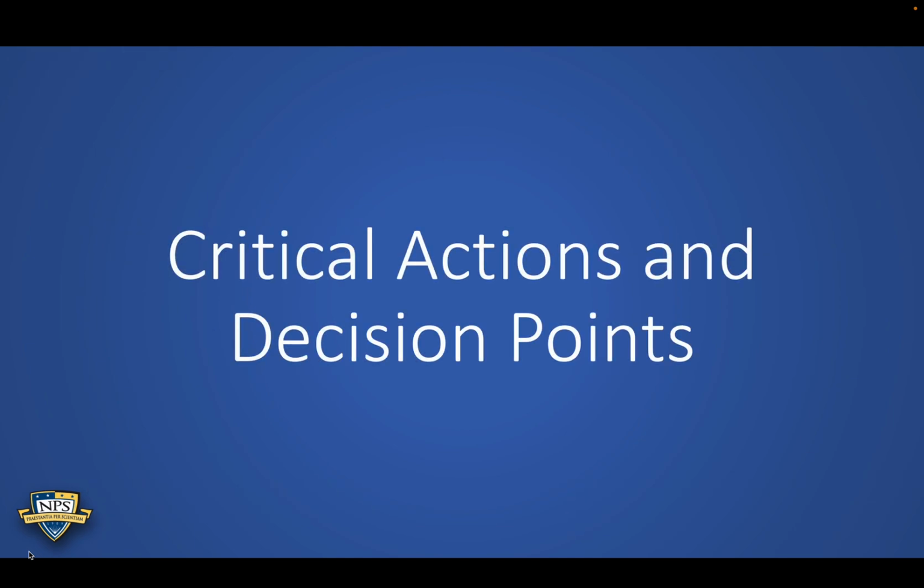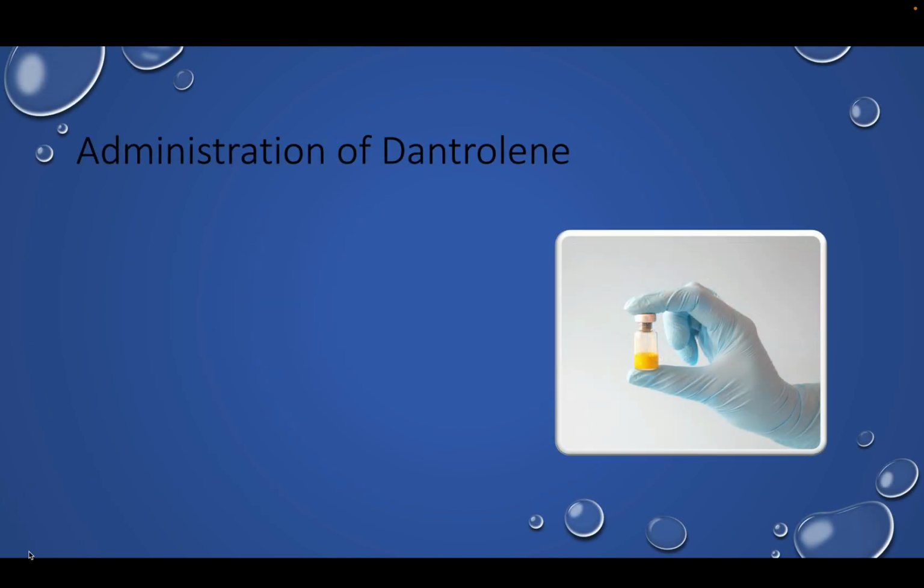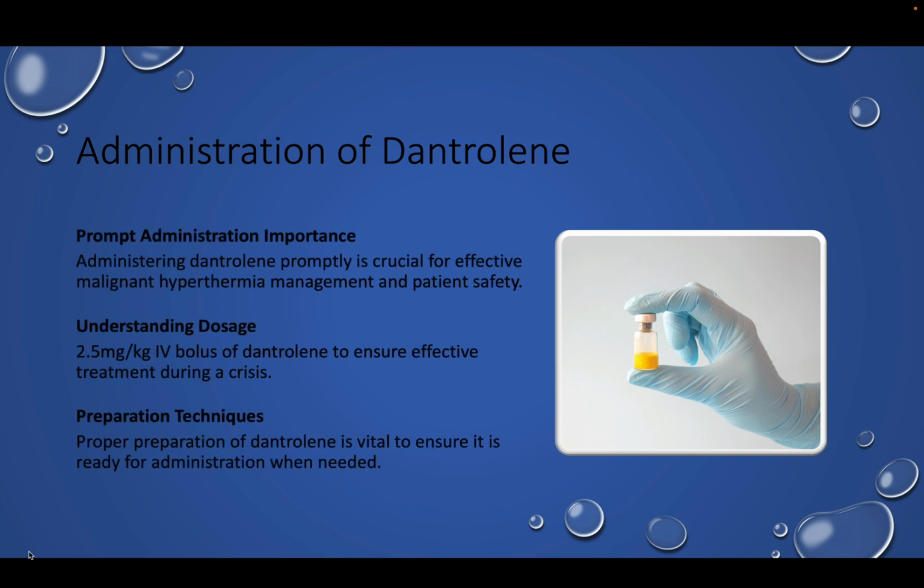Critical actions and decisions. Administer dantrolene immediately after the proper preparation of dantrolene. Dantrolene is administered as a weight-based medication. Therefore, it is important to know the weight of the patient in kilograms.